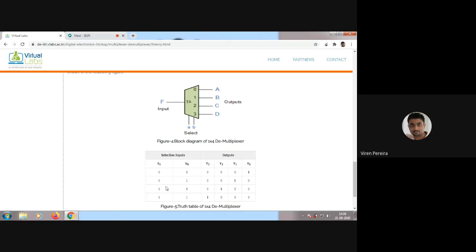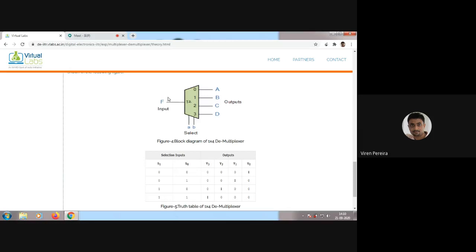Now if I want to give the value of F to C, then I have to select 1 and 0. When I select 1 and 0, whatever the value of F is will go to C. In the same way, if I give 1 and 1, the Y3 pin is selected, so whatever is in F will go to D. A, B and C remain unchanged.